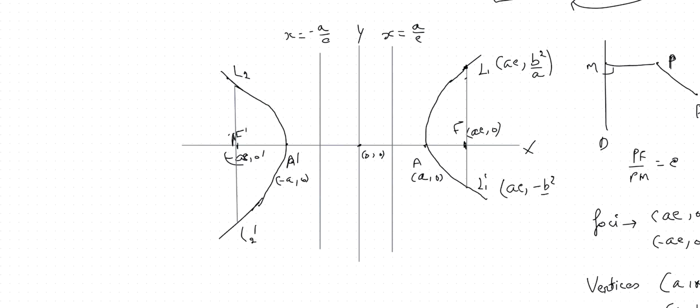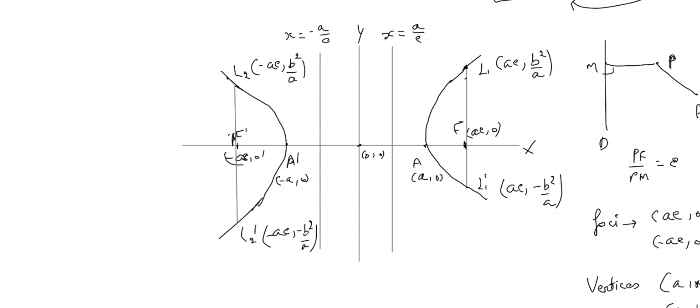Here for L2 we have minus ae comma b square by a, and the fourth end is minus ae comma minus b square by a. So there are four ends of latus rectum.